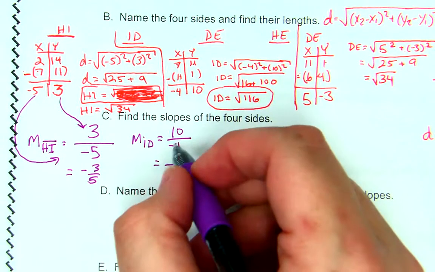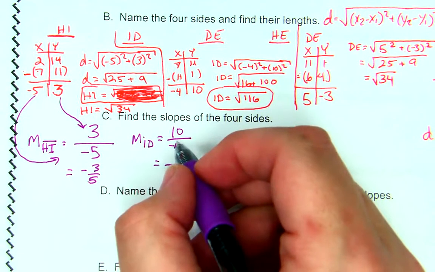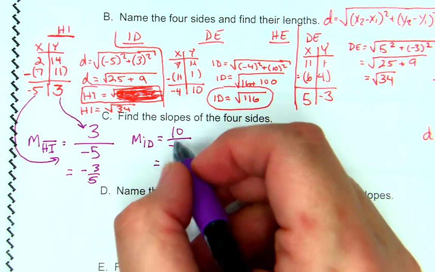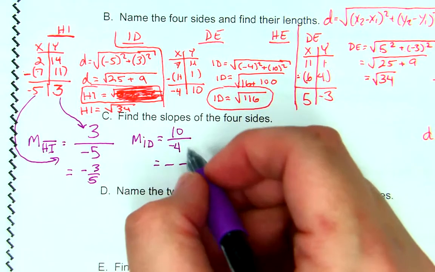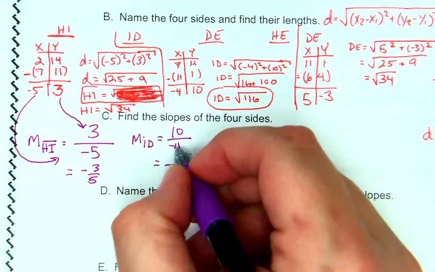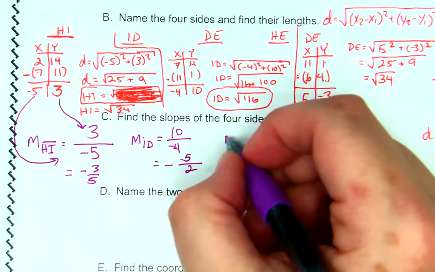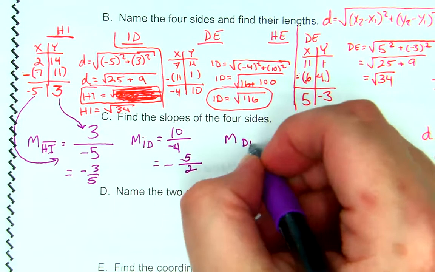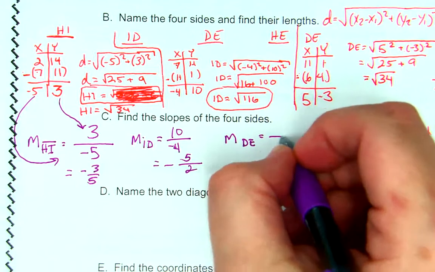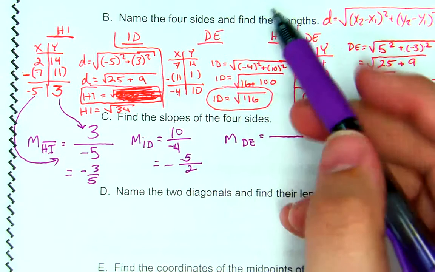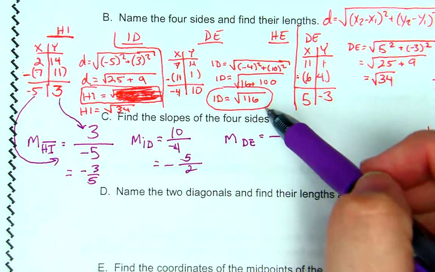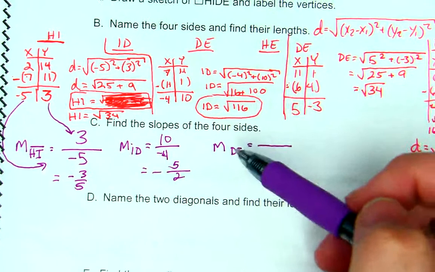If you simplified this, what would we get? Well, 2 goes into both of them. 2 goes into 10 5 times, into 4 2 times. Now I want the slope of DE.